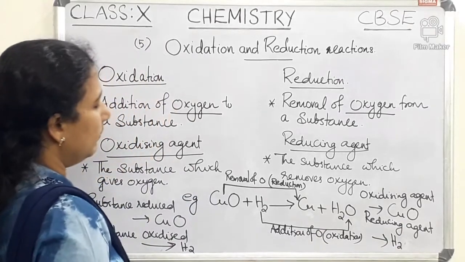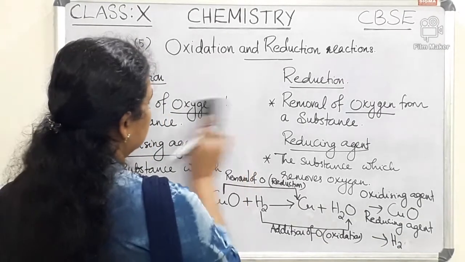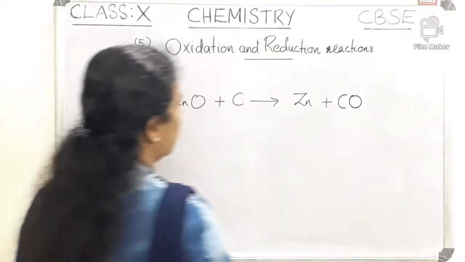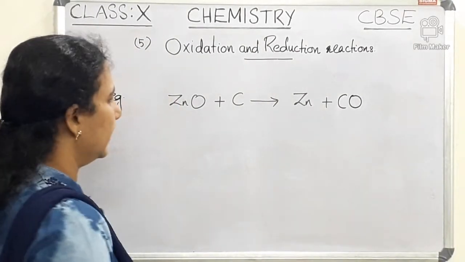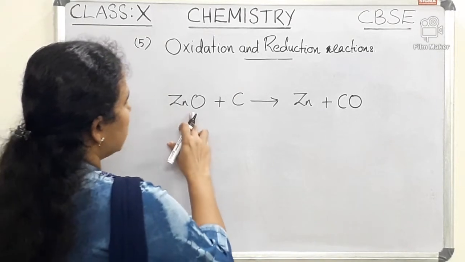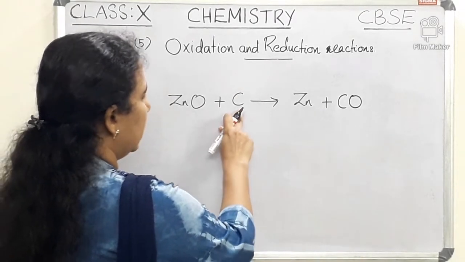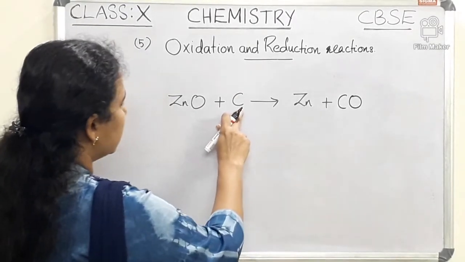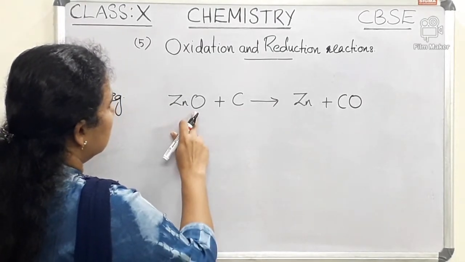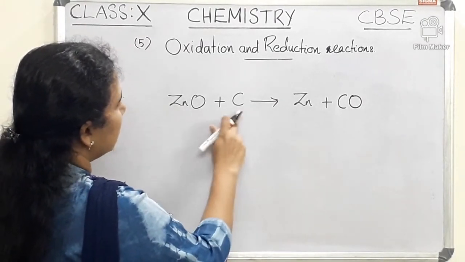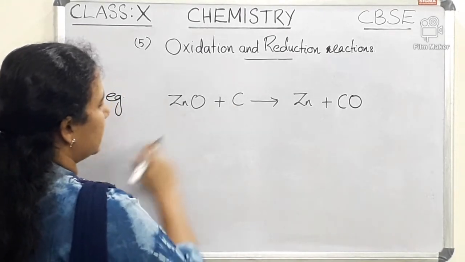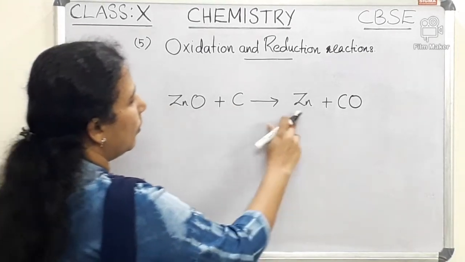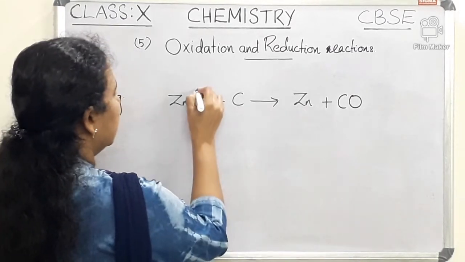Now let's write one more example. This is another example of an oxidation reduction reaction. Here ZnO and C are the reactants. Now let's have a look at these reactants and check what happens to them.